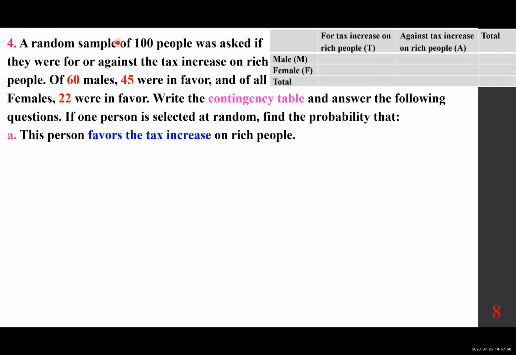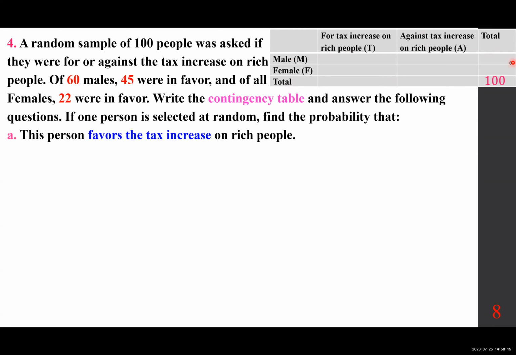Now let's put in all those numbers that we are given, and if we put that properly, everything will fall into place. The very first number is 100. We have a random sample of 100, so the total size is 100. Please understand, this is the total for this column and this column.